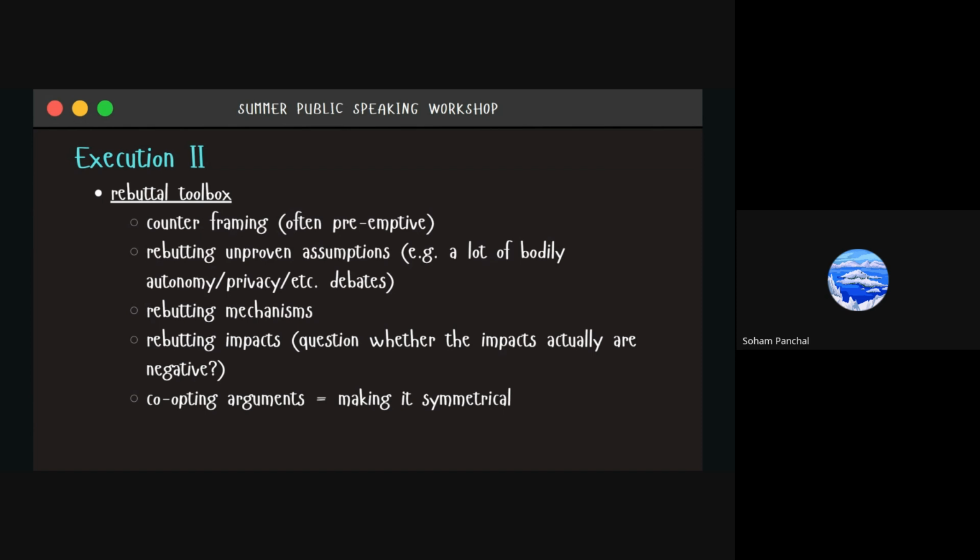And the last is, you make it symmetrical. That is, if this is happening in your case, and it's happening in our case also, then you could not say that it is specific to your case and harmful in our case. Some example: if you go political, two-party system versus multi-party system.